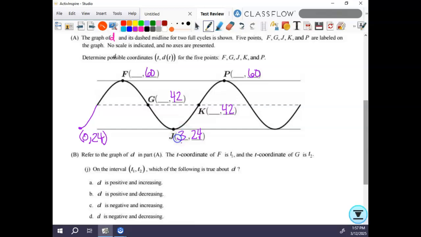This would be (3, 24). Then halfway between those two, that's where our 1.5 comes in. Then to find this x value, it's halfway in between these. So if I do 1.5 plus 3, that's 4.5. And if you think in terms of money, 450, if I break that in half, that's 225.